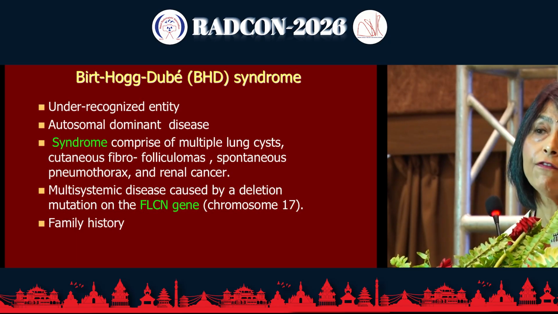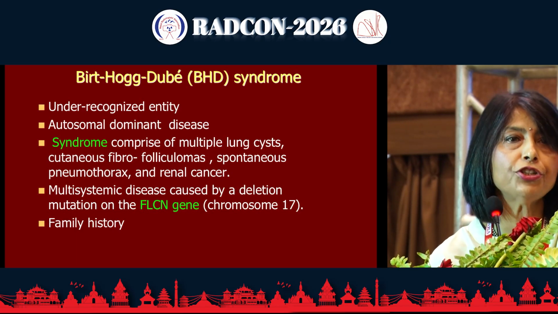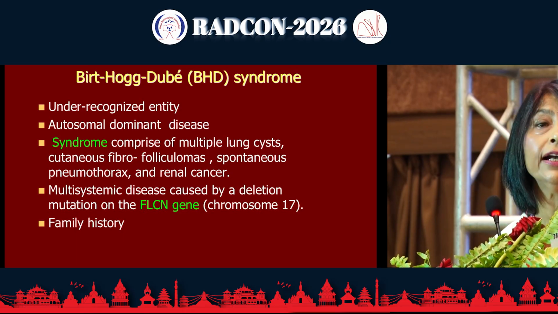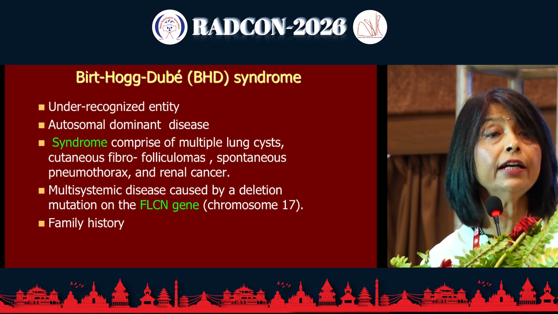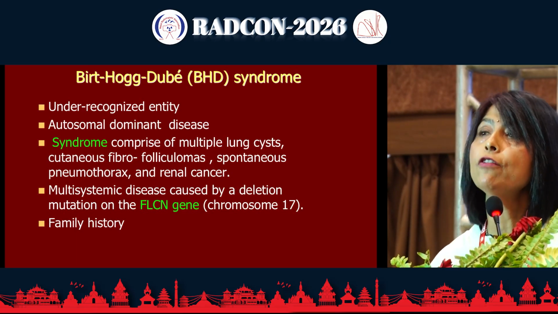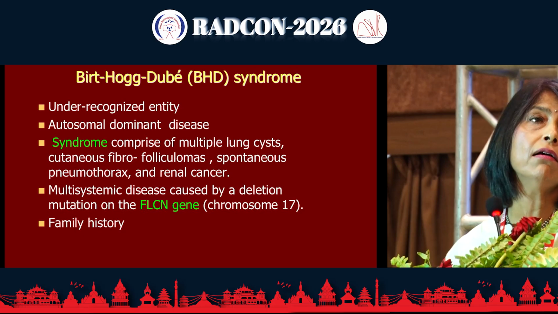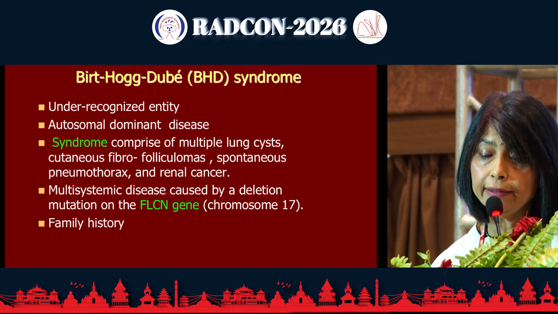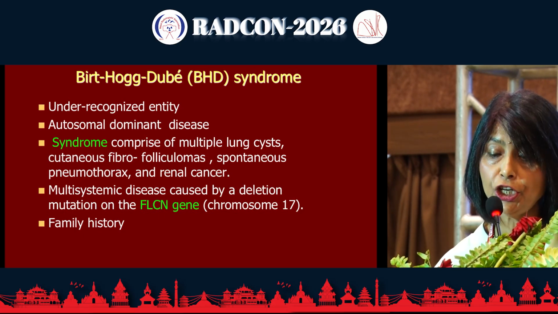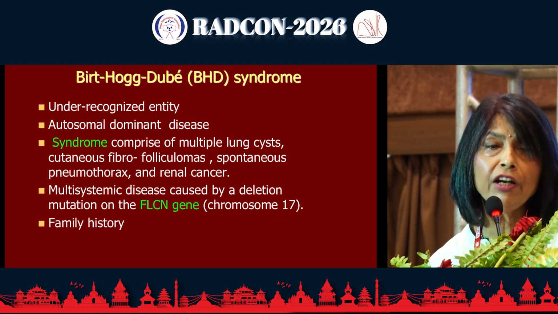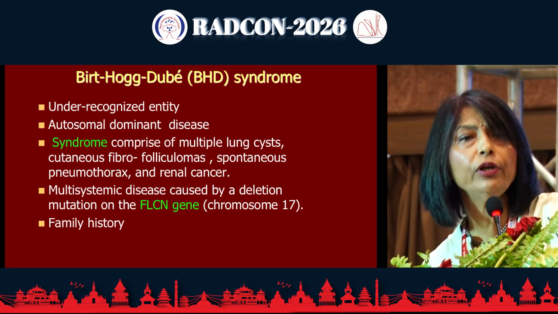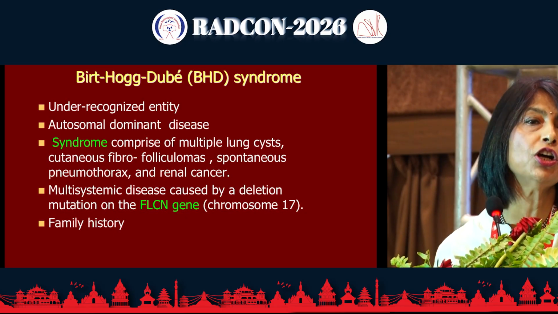It was not earlier widely available, but now this mutation study is widely available. And earlier this diagnosis rested on demonstrating lung findings with renal tumors, but nowadays you'll have a lot of patients who have only lung findings because you made the diagnosis on the basis of the gene. They have skin lesions like fibrofolliculomas, and it has been renamed as folliculin deficiency interstitial lung disease.